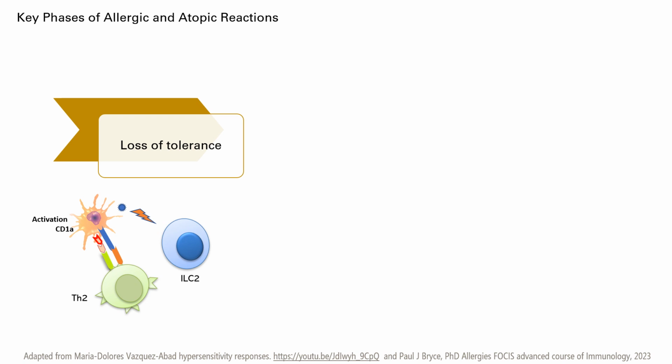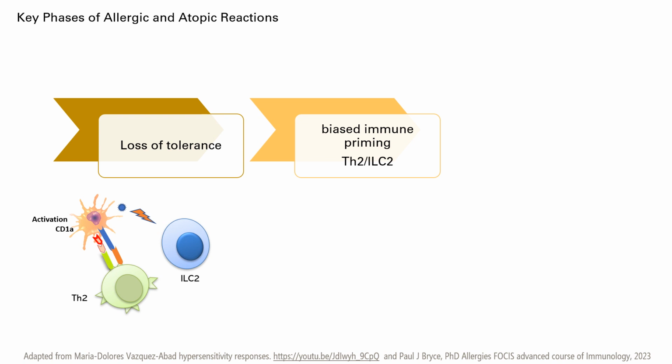And these cells are the ones that will be responsible for the next phases of allergic and atopic responses. So the first thing is that these cells are now hyperreacting to an allergen. They lost the tolerance to that allergen.